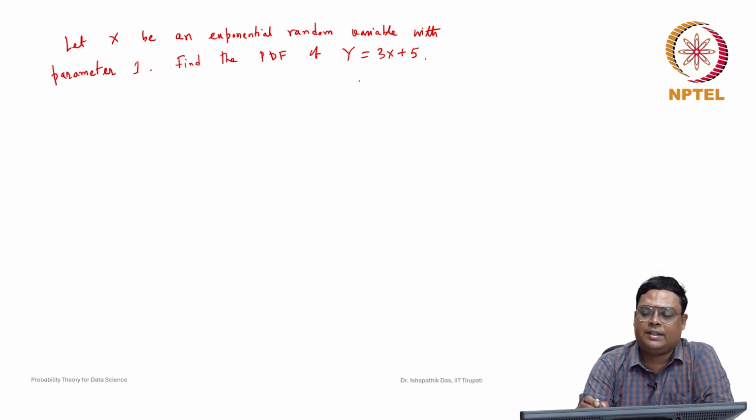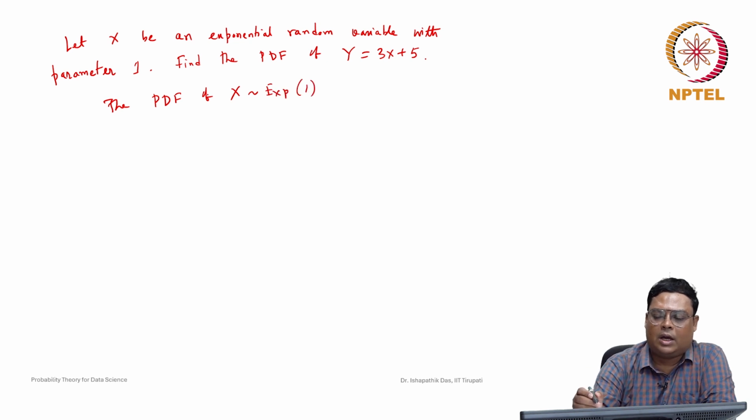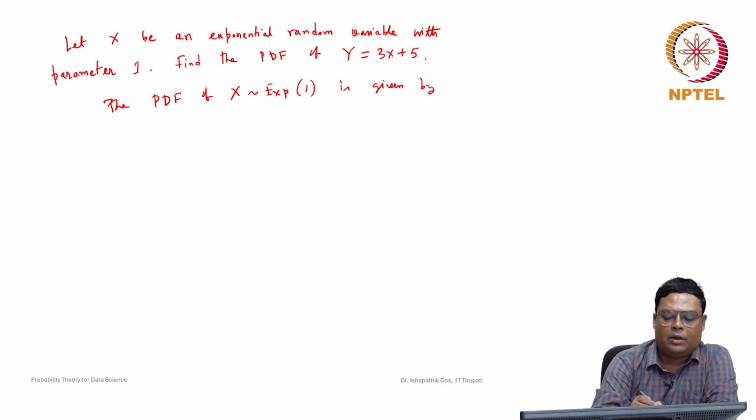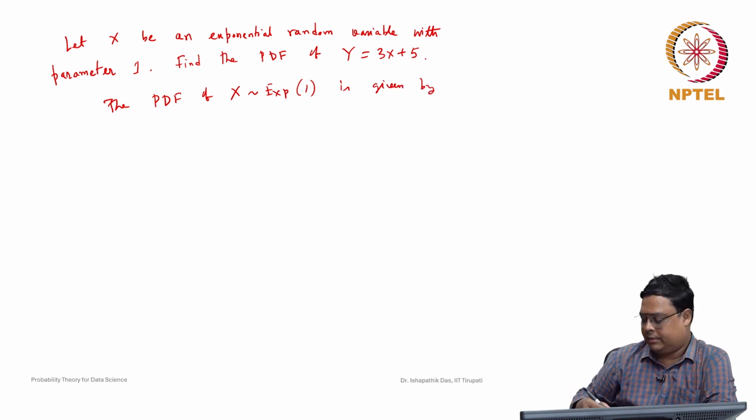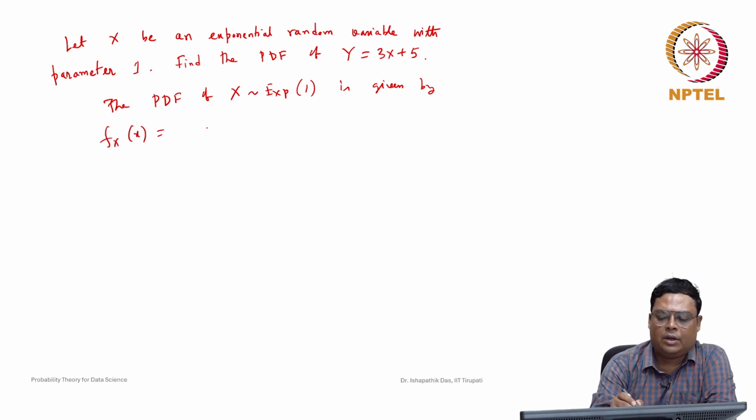So here we consider g(x) as nothing but 3x plus 5. Since the probability density function of X, which is an exponential random variable with parameter 1, is given by f(x): because for an exponential random variable it is lambda e to the power minus lambda x, and lambda is 1 here, so e to the power of minus x whenever x is greater than 0 and less than infinity, and 0 otherwise.